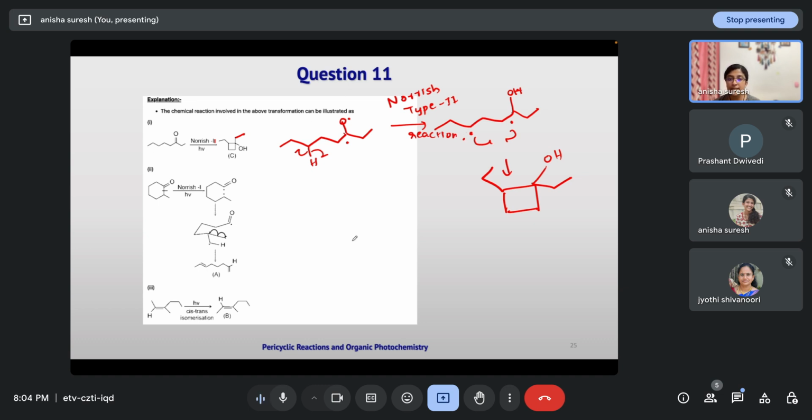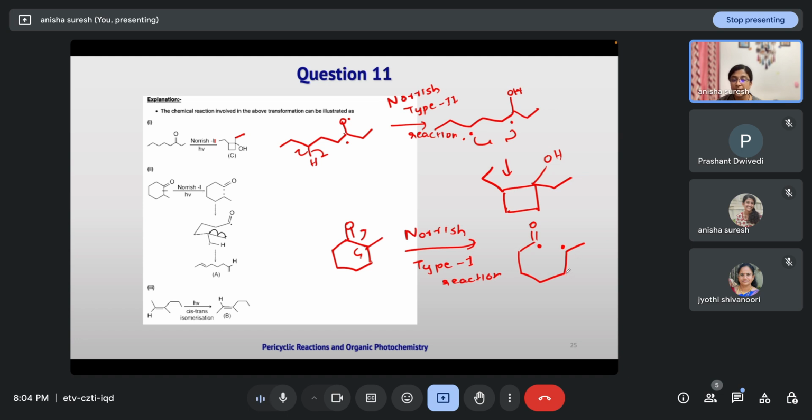And in the second case, we are having a cyclohexanone substituted with methyl at this position. So it will be undergoing a Norrish type 1 reaction. It is undergoing an alpha fragmentation, leading to formation of this carbon radical and this radical. Then alpha, beta, gamma, delta.